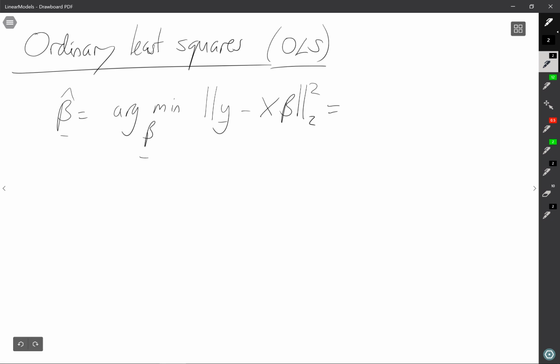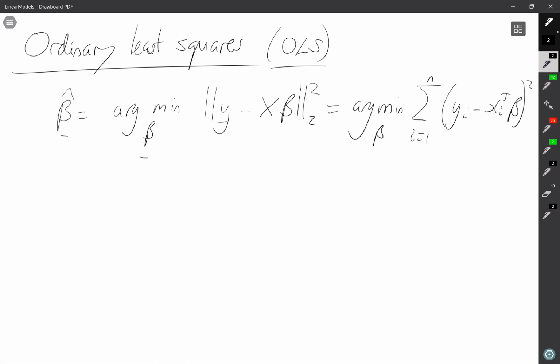Or if you want to spell this out, it's the value of beta that minimizes the sum over i equals 1 to n of (y_i minus x_i transpose beta) squared. The norm is just a shorthand way of writing this sum of squared errors.